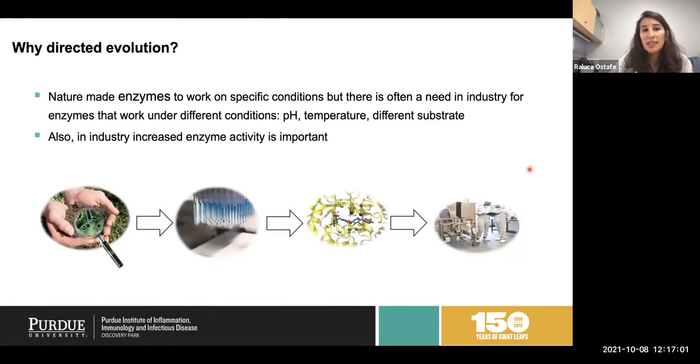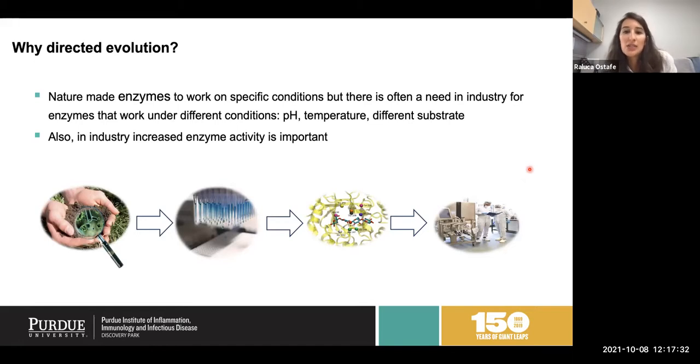And why direct evolution? Well, because nature sometimes made the enzymes to work in the specific conditions that are needed for the organism's survival, not for our industrial application. So in some cases, like in the case of glucose oxidase, we do need different pH stability, and also enzymes, if they have increased temperature stability, are definitely stable for much longer, and they have a longer shelf life.